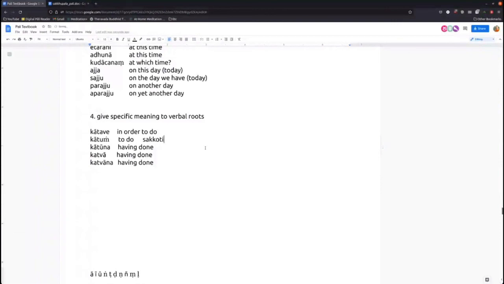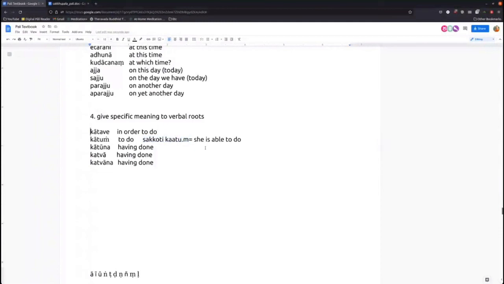Sorry, sakkoti. Sakkoti means she is able. So you might say sakkoti kattum, she is able to do. That's where you'll see kattum. You'll see the tum suffix.